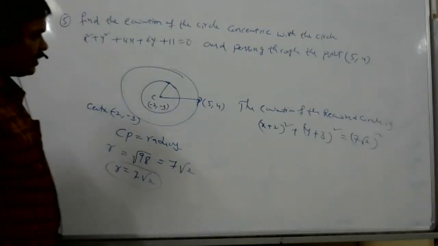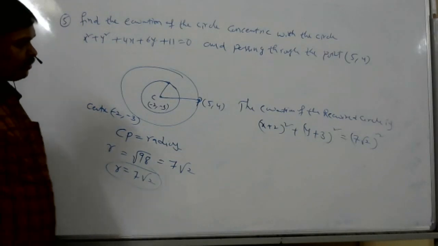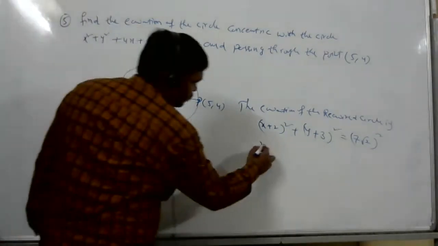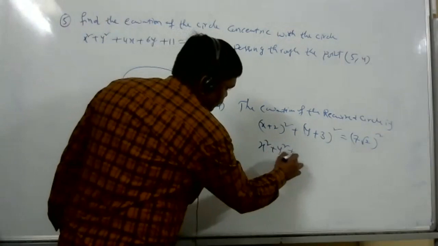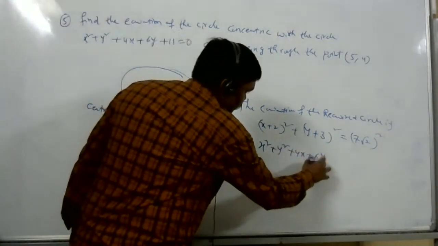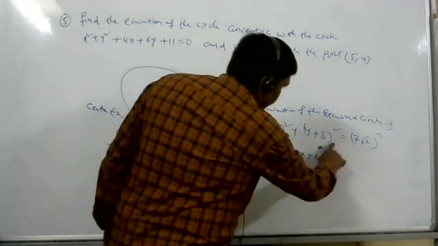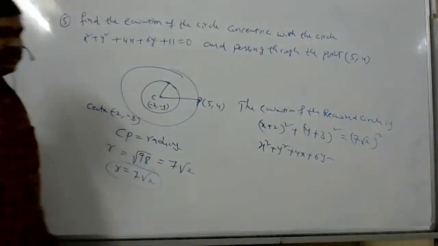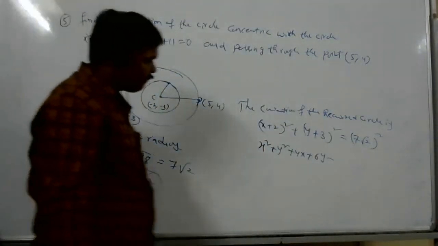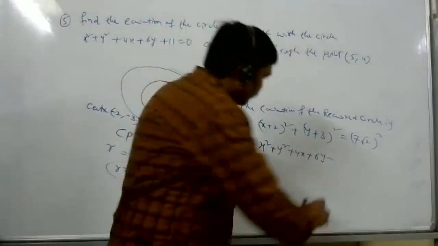That is x square plus y square plus 4x plus 6y minus 85 equals 0.